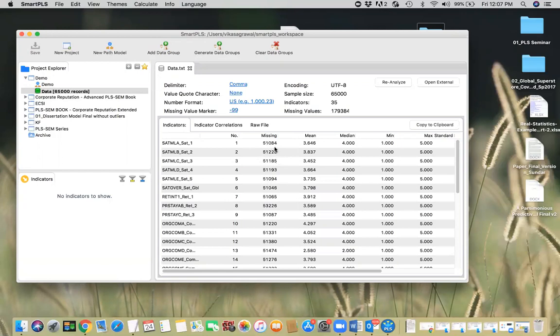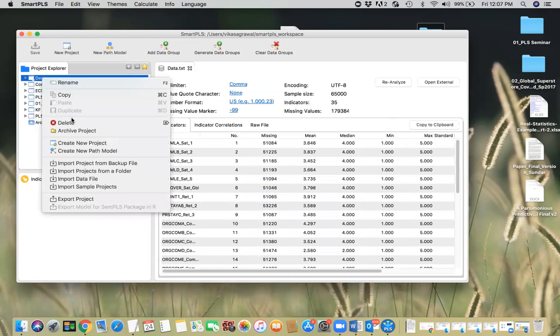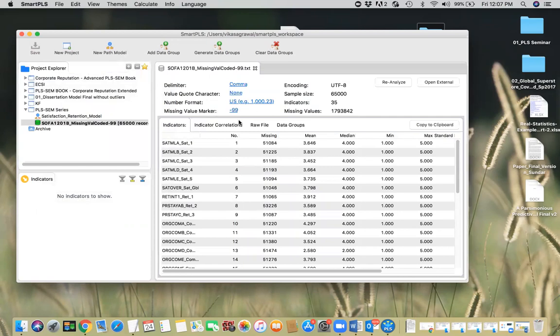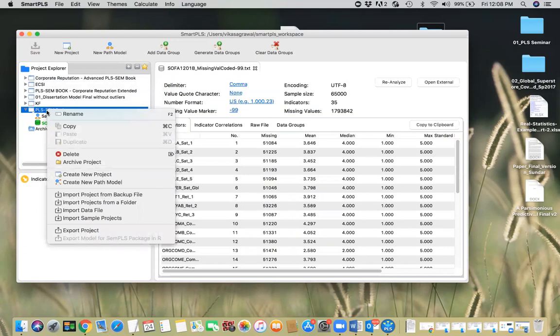Once you do that, you have to start building the model. This is just for the demo purpose. I'm going to delete this one here. I already practiced that, so I just wanted to showcase it to you. That's the data we just imported, very similar to this one. And I'm going to start building my model here. Let's add one model, create a new path model.